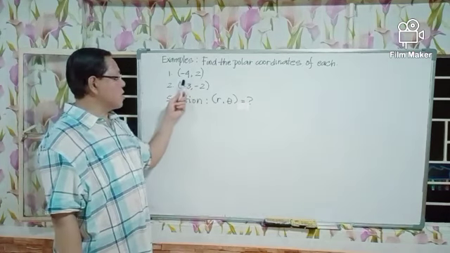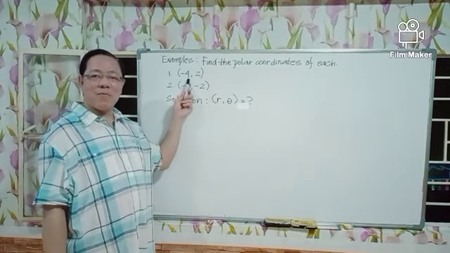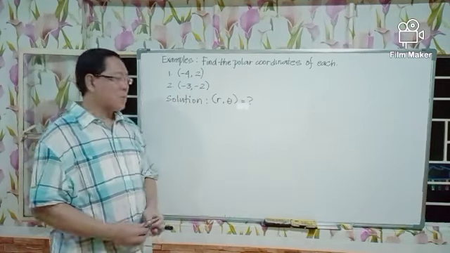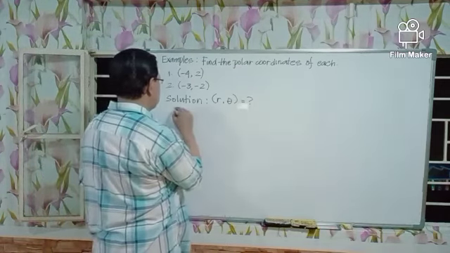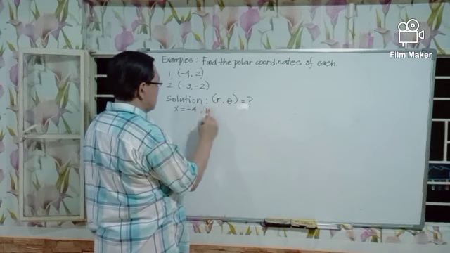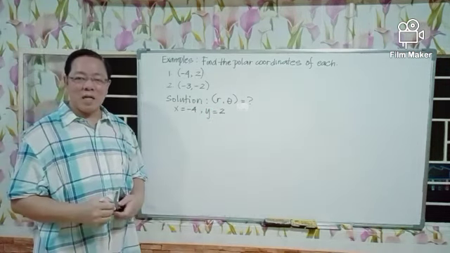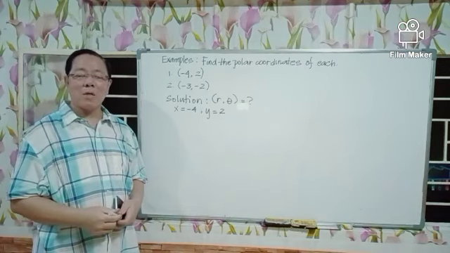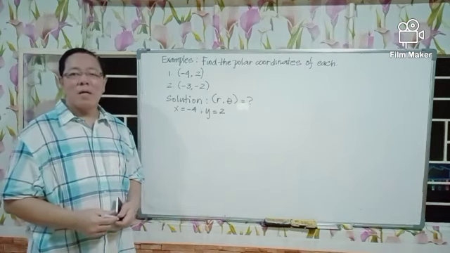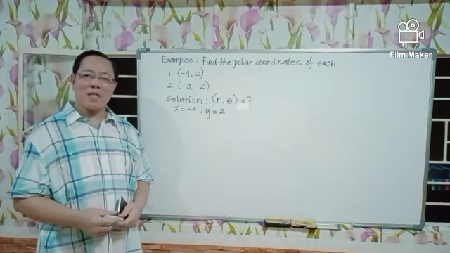It means the Cartesian coordinates of the point, then x equals -4 and y equals 2. And we start by finding the radial coordinate of the point, r, using the Pythagorean theorem. The square of r is equal to the sum of the squares of x and y.